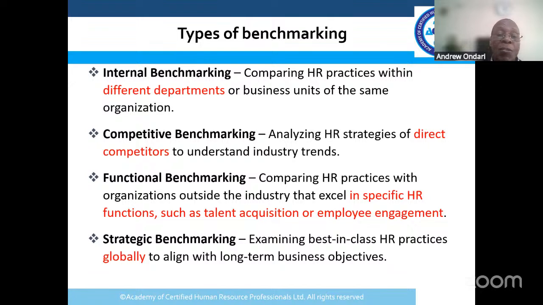Another area of functional benchmarking is training and development. As I will mention, today organizations have changed their approach to training, that they don't do mass training for their employees.